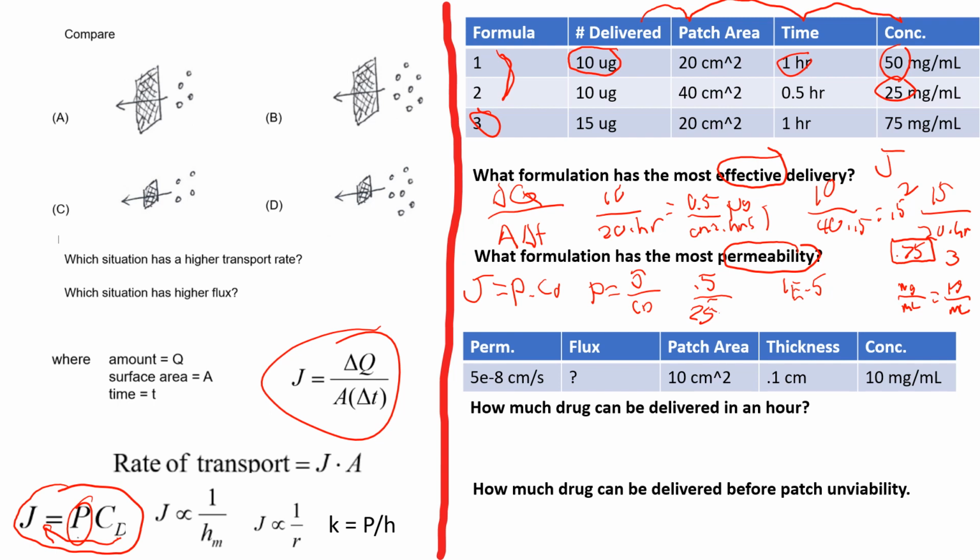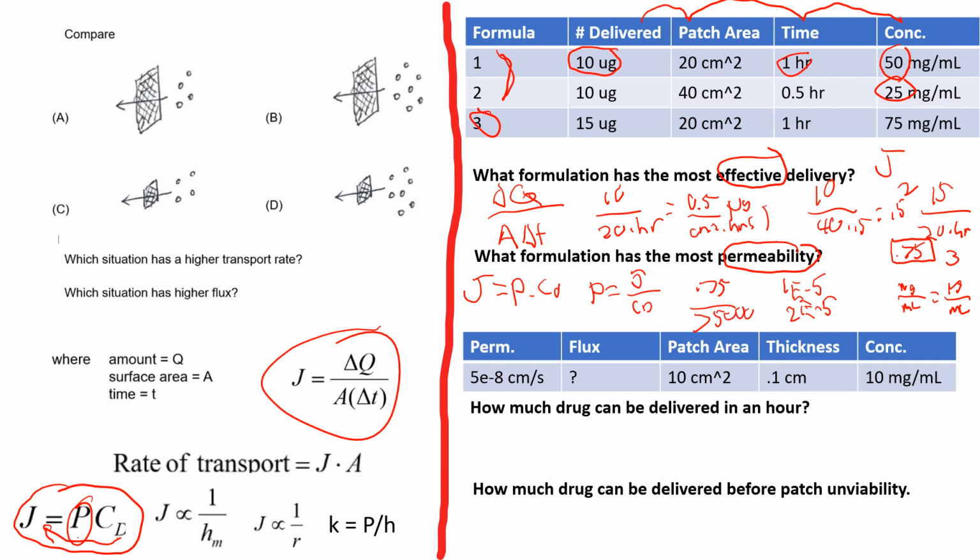To make that micrograms per milliliter, we'll add on those 3 zeros. So 0.5 divided by 25,000. We get a 2 preceded by 4 zeros. So this is 2e negative 5. And then finally, we have formula 3, which is 0.75 divided by 75,000.